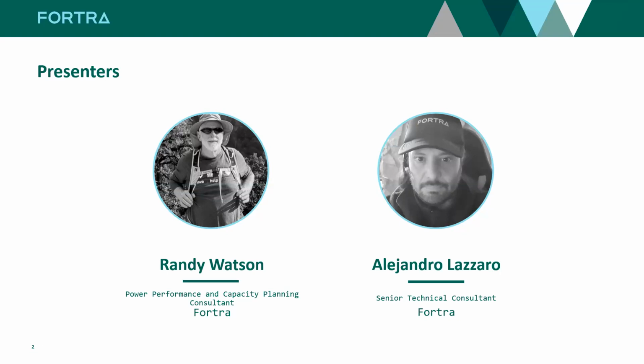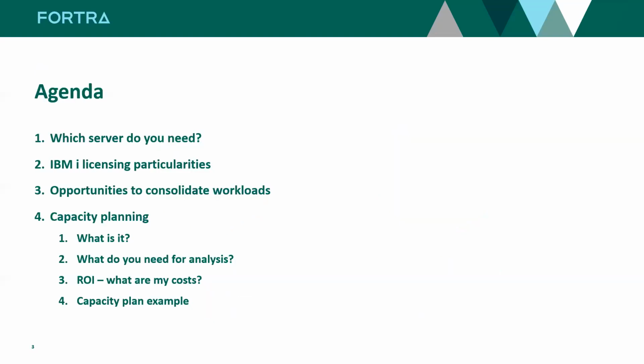Okay, thanks, Ian. So, hello, everybody. Thanks for joining. And here's the agenda that we will be covering today. First, we're going to try to determine which of the servers that you need. Sometimes companies replace like for like, and that's usually a big mistake. We will try also to understand the licensing particularities on the IBM i and how they affect the decision that needs to be made.